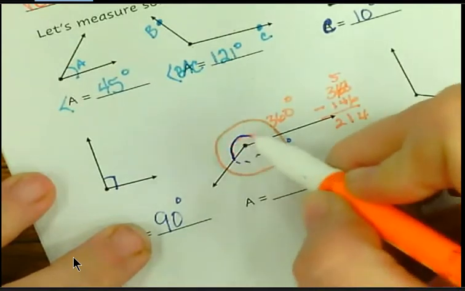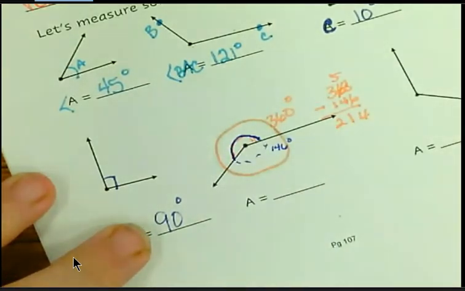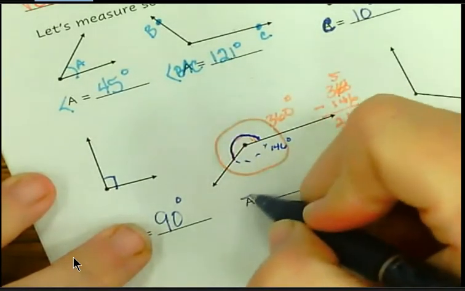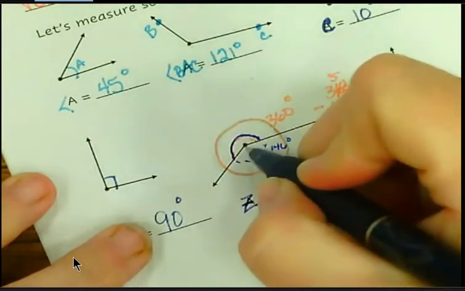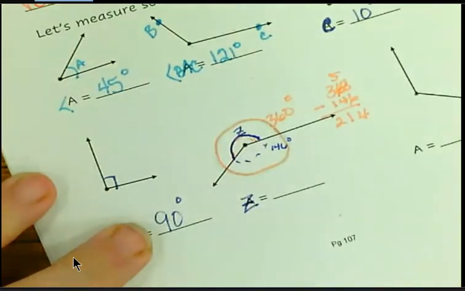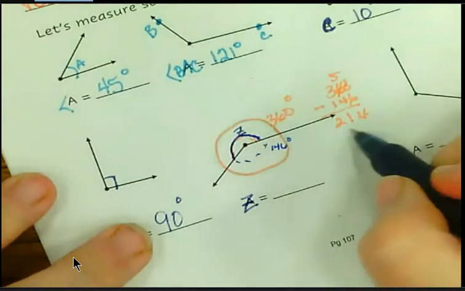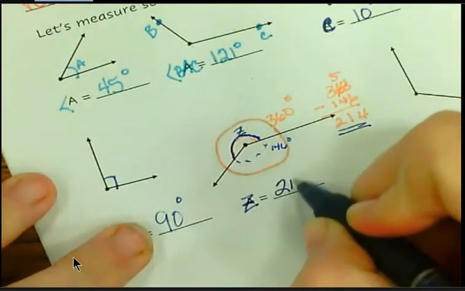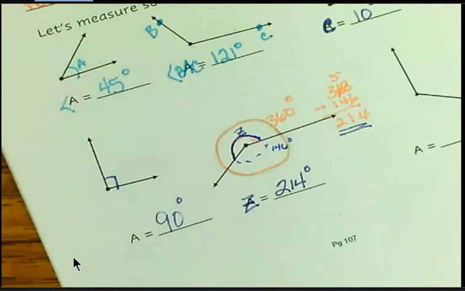So this angle here, we're going to call it angle Z because it's really, really big. So this is angle Z. This angle Z is 214 degrees. So it's bigger than 180, right?